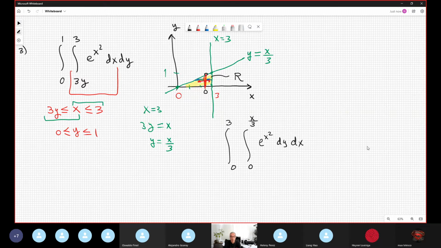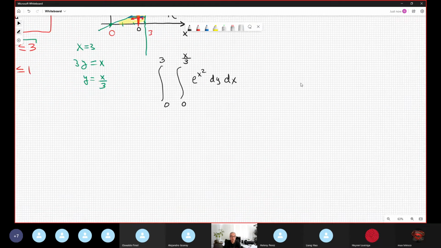Okay. So now I recommend doing it step by step. Iterate. Iterate means step by step. You copy separately here, 0 to x over 3, e to the x squared, and you integrate with respect to dy. Oh, it's easy because that part is not depending on y.